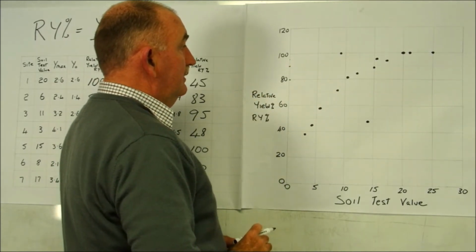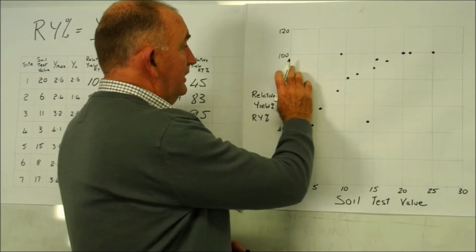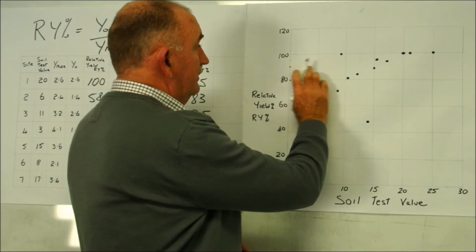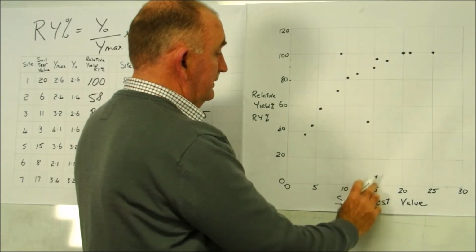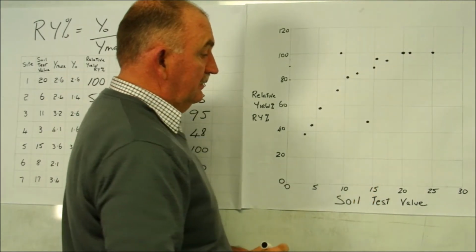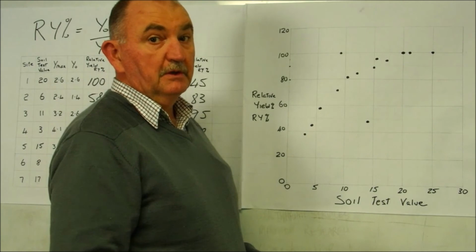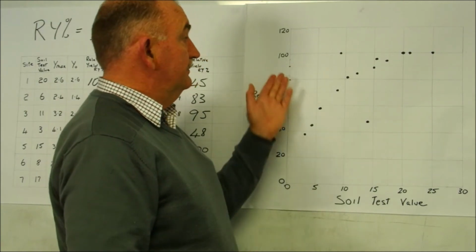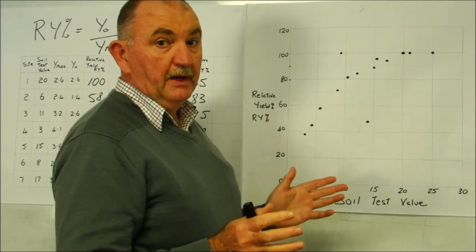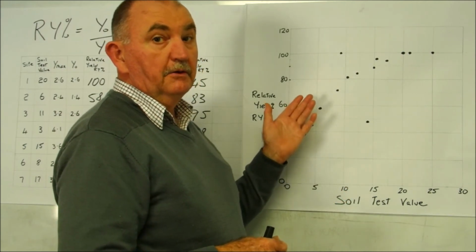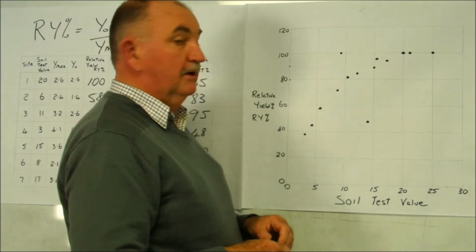And if we come in here at 90% relative yield and come across until we hit the curve, you'll see that the critical value, soil test value, is about 15 milligrams per kilogram. So that's what interrogator does. It gives you a critical value and it gives you a critical range for 80%, 90% and 95% of relative yield.